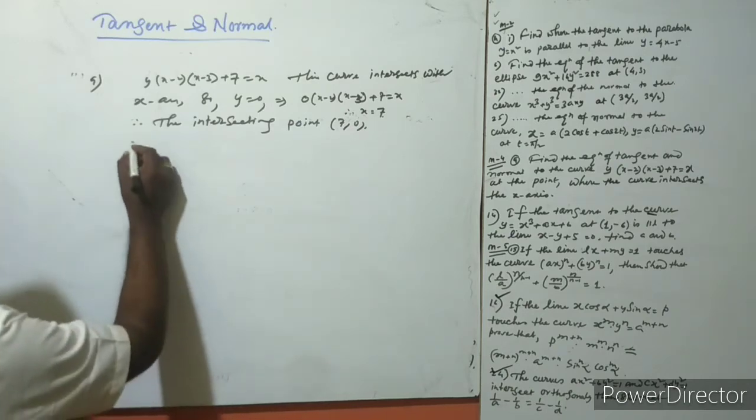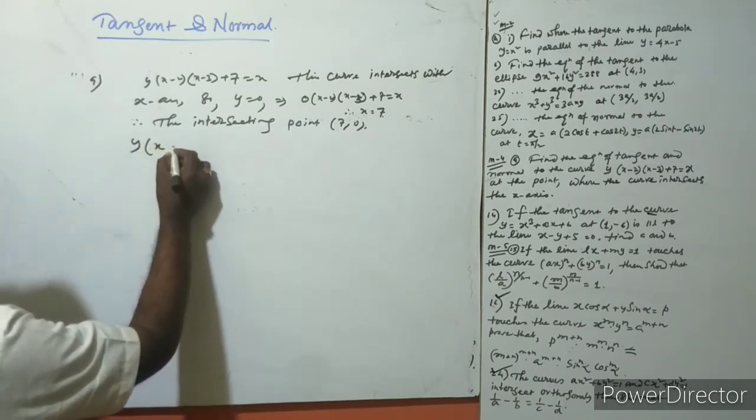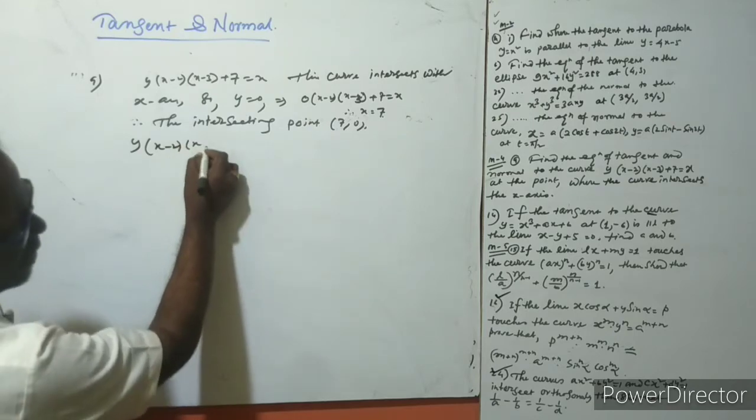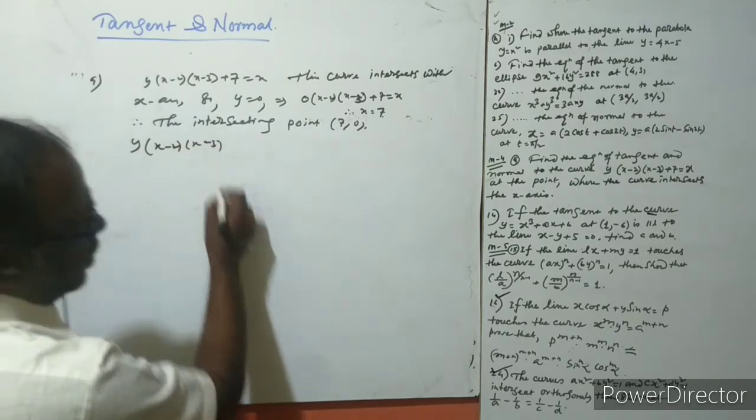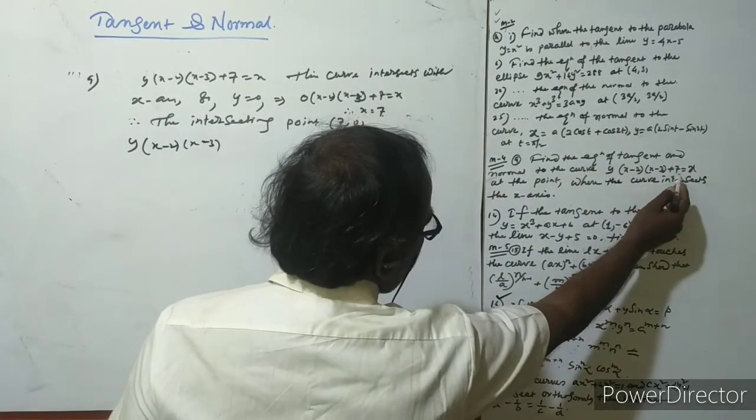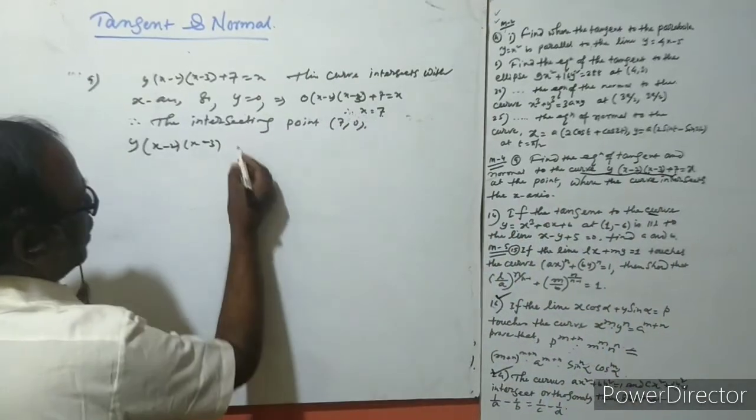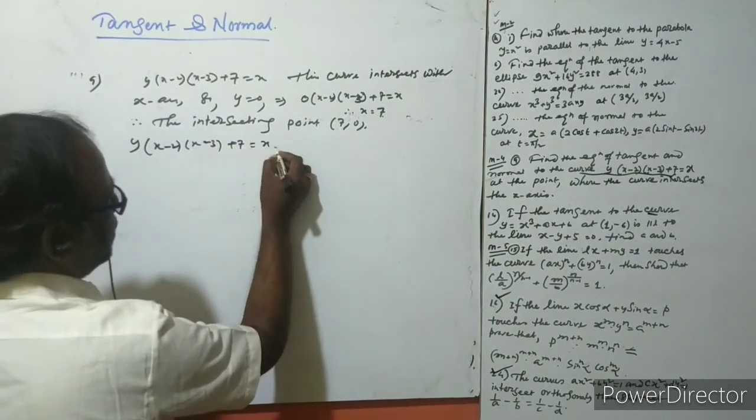Now differentiate: y(x minus 2)(x minus 3) plus 7 equal to x.